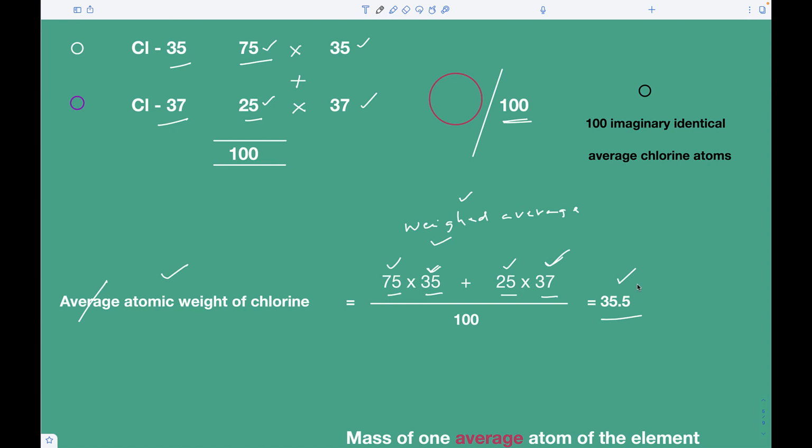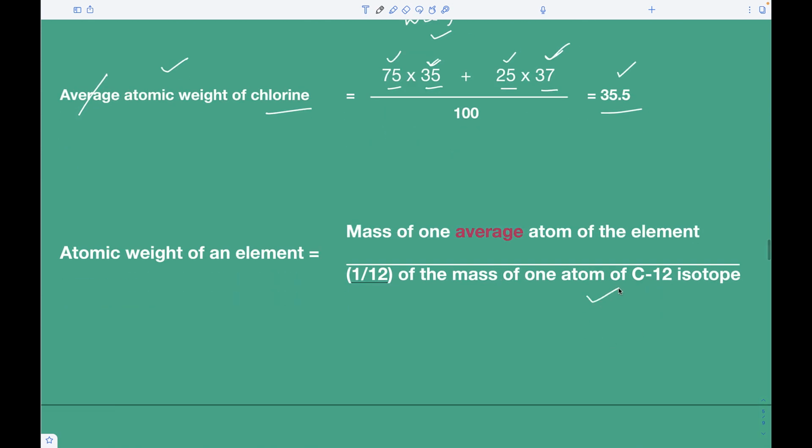And the average atomic weight is the atomic weight of the imaginary atom if all the atoms of an element are identical. So when we say the atomic weight of chlorine is 35.5, we mean this imaginary average chlorine atom is 35.5 times heavier than the reference we chose.